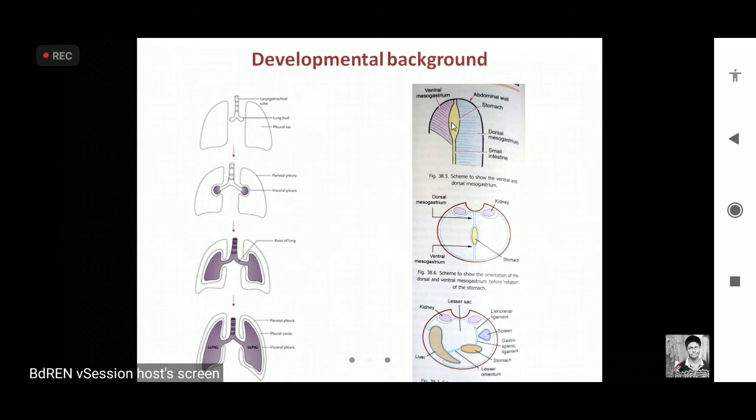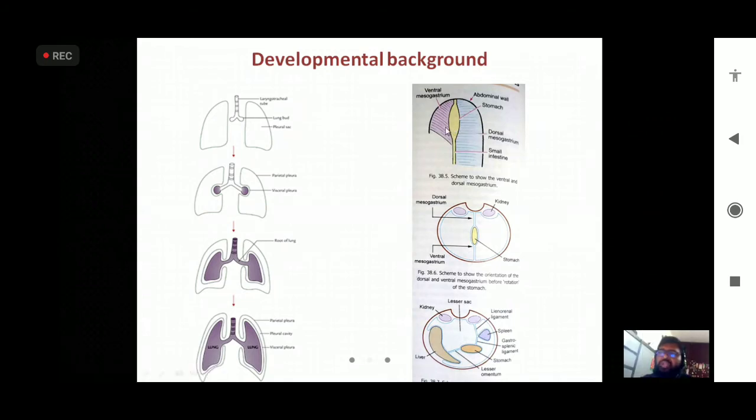So ventral means in front, and dorsal means behind. So in front of the stomach there is a fold of peritoneum that is called ventral mesogastrium, and behind that is called dorsal mesogastrium. It turns, and now this is the ventral mesogastrium, and this is the dorsal mesogastrium, and these are two kidneys, and you can see the kidneys are always behind the peritoneal cavities, and that's why they are called primary retroperitoneal organs.